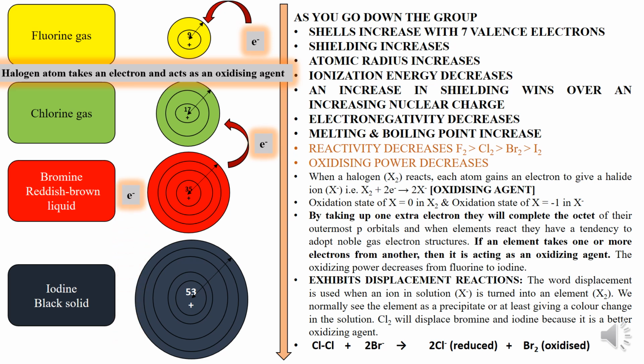It not only oxidizes bromine, it also oxidizes iodine as well. So chlorine is a powerful oxidizing agent. Its oxidizing power is greater as compared to bromine and iodine. And that is the reason behind chlorine having an ability to oxidize both bromine and iodine in a redox reaction.